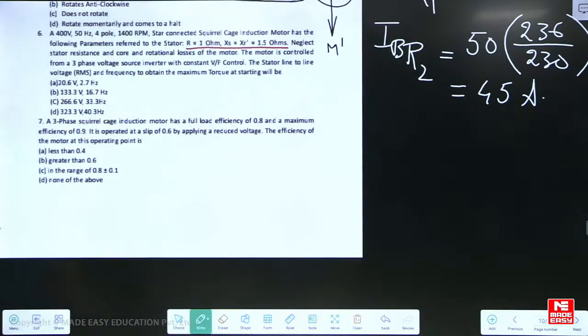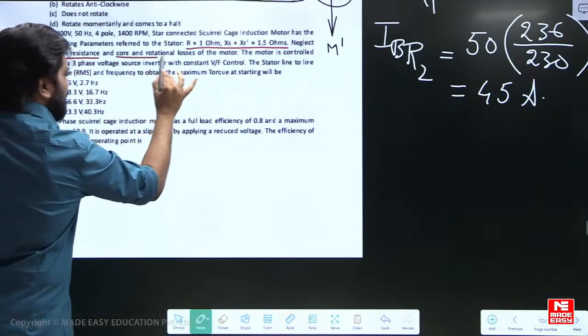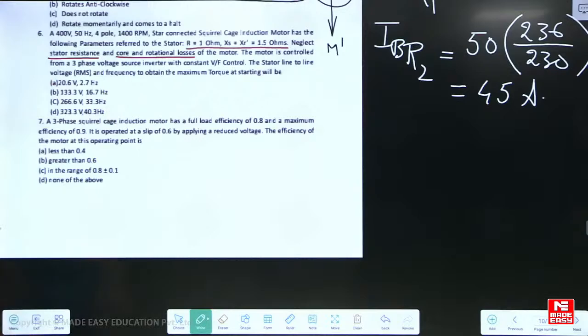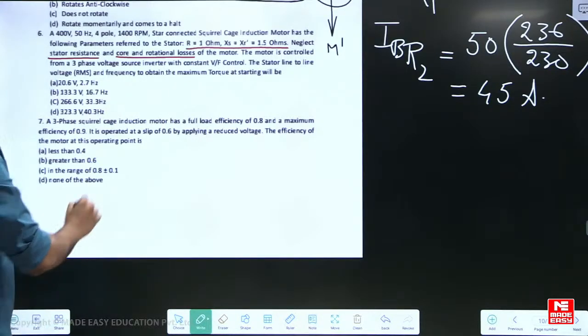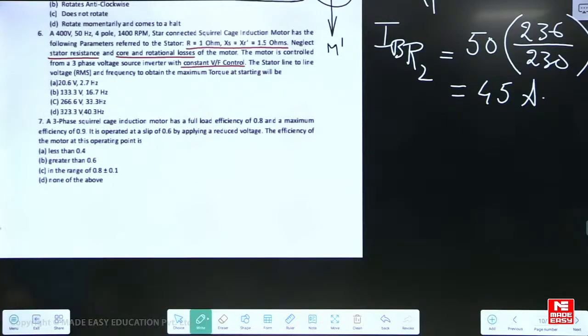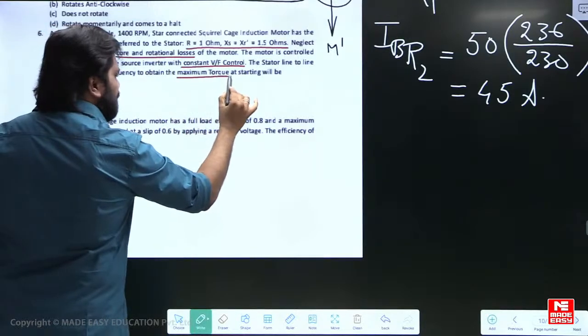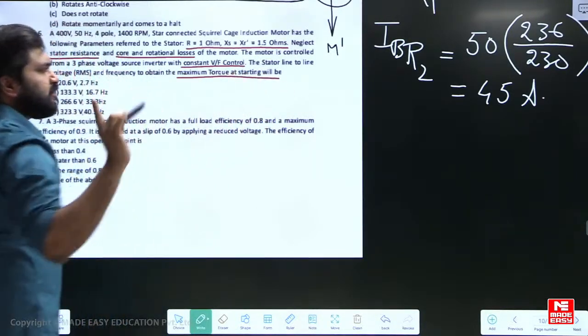Neglect stator resistance, core and rotational losses of the motor. The motor is controlled from a 3-phase voltage source with V by F control. The stator line to line voltage and frequency to obtain maximum torque at starting will be?